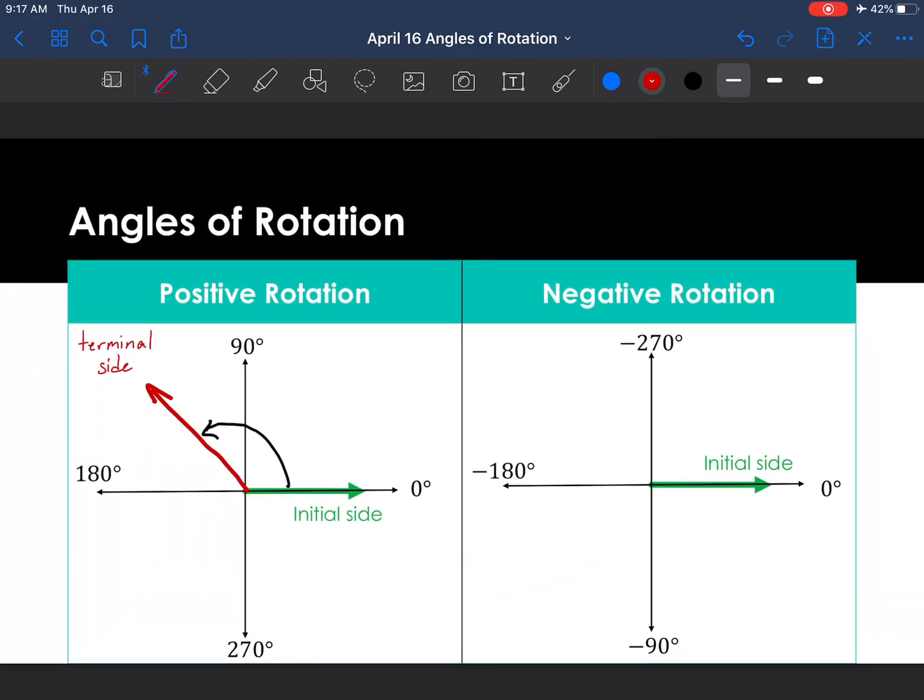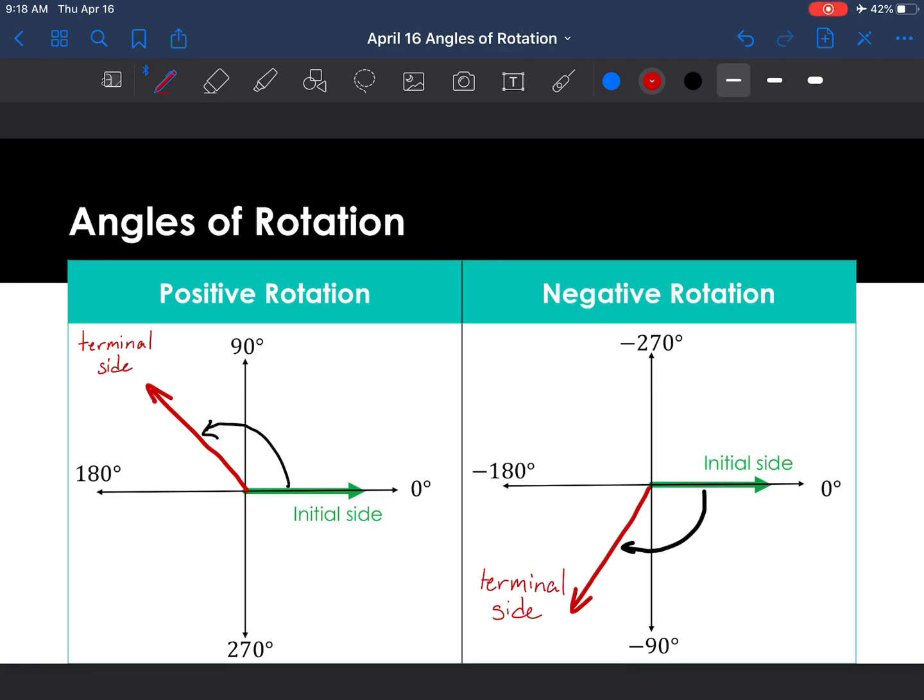The only difference is you're going to rotate in the opposite direction. So you're going to start on the initial side, but then you're going to rotate clockwise like this. And so whatever degree I have you draw, that's where you're going to draw your terminal side. So then that's going to be the angle that you draw.